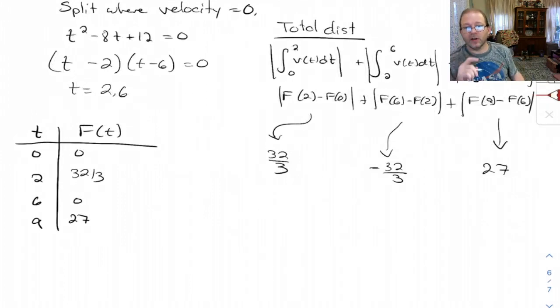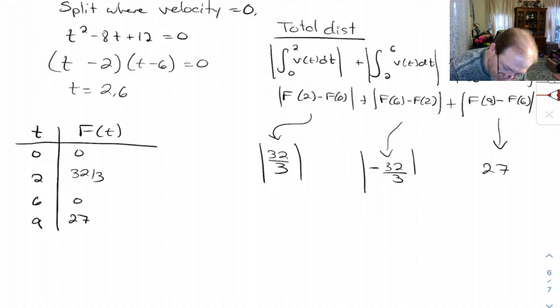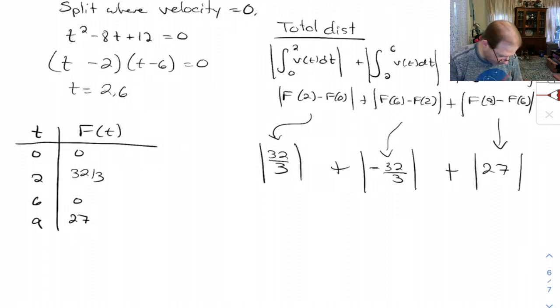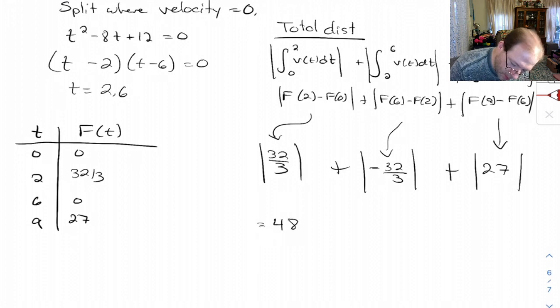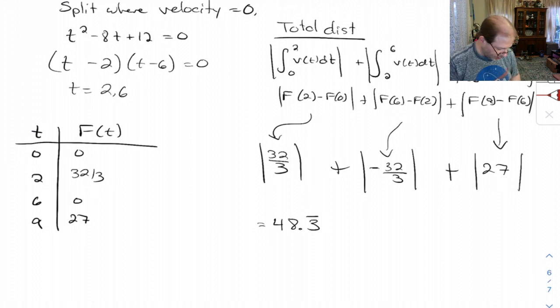So these three numbers we get are this. When you take the absolute values and add these guys up, what you get is 64 over 3 plus 27, which is 48.3 repeating, or 48 1/3, which is 145 over 3.